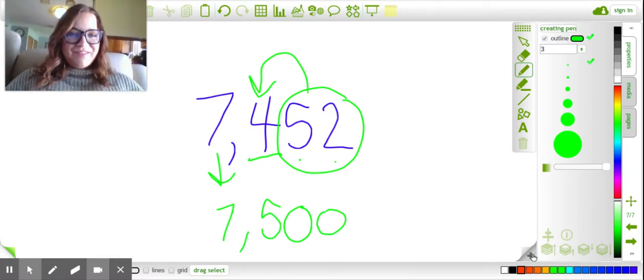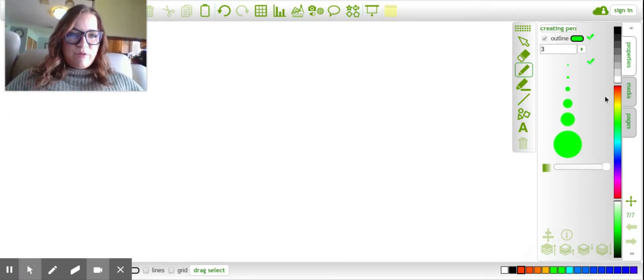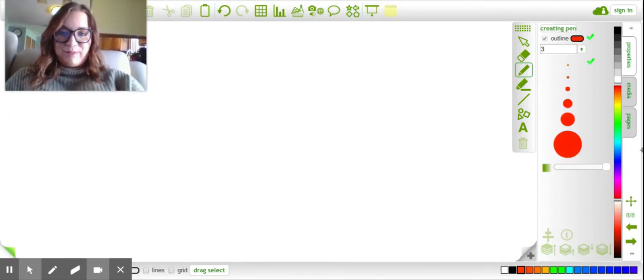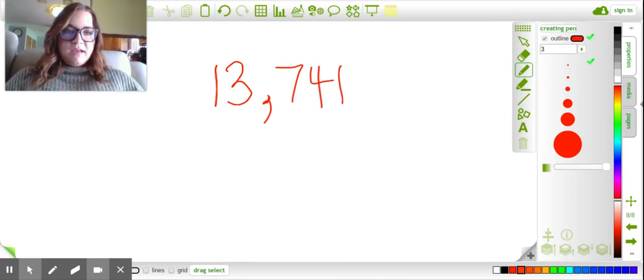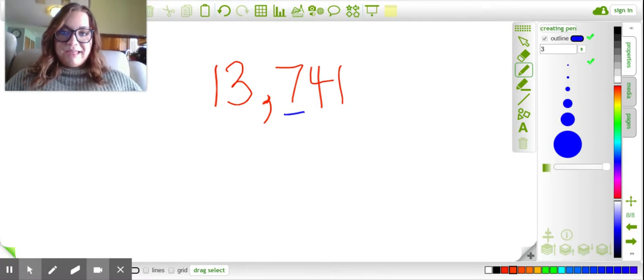I thought so. Okay. This time we're going to move up to the 10,000s place. Let's see. My favorite number is 13, so we'll say 13,741. And we're still rounding to the nearest hundred. So we underline the place that we're rounding to. The neighbor to the right, who is always right, is going to tell that underlined digit what to do. If it's 0 through 4, it's going to stay the same.